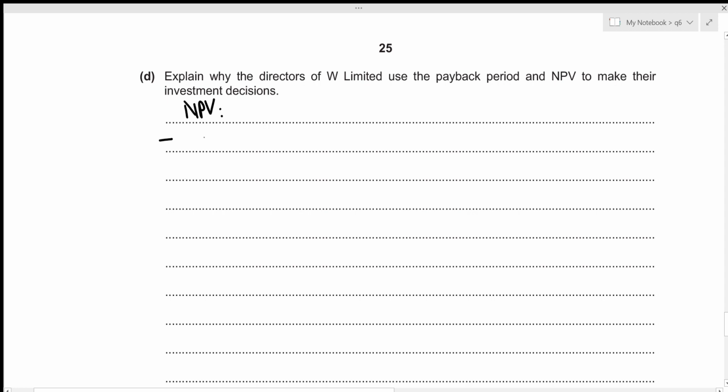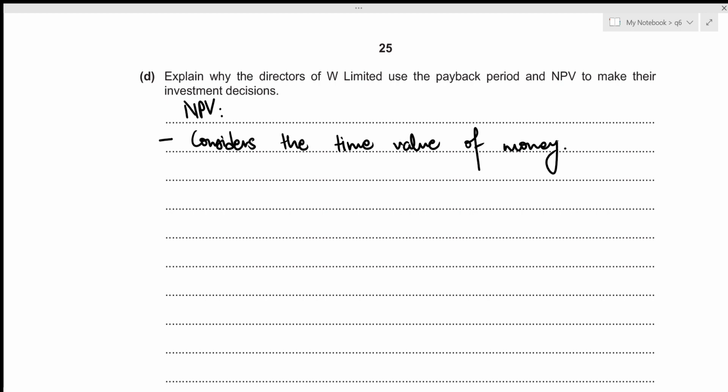So it considers the time value of money, and net present value also considers the whole life of the asset, since we calculated the present value for each of the years above. It considers the whole life of asset.